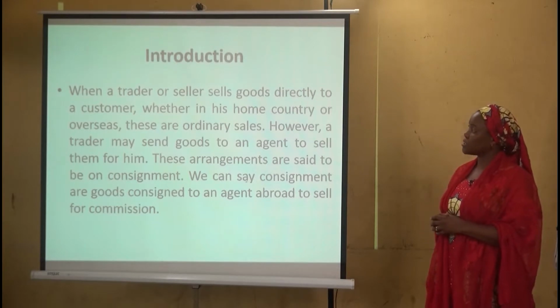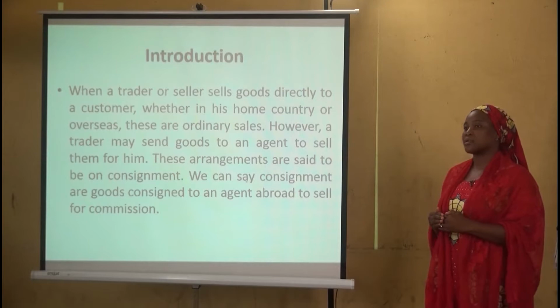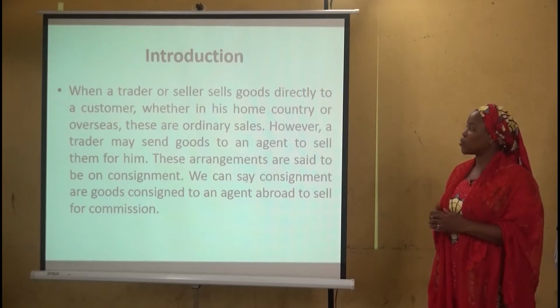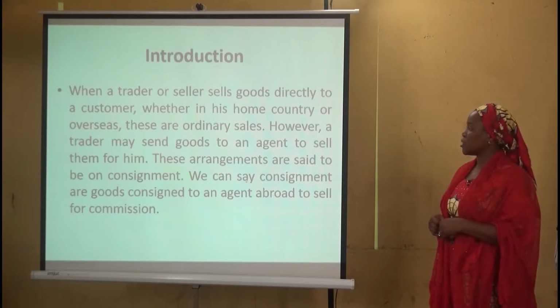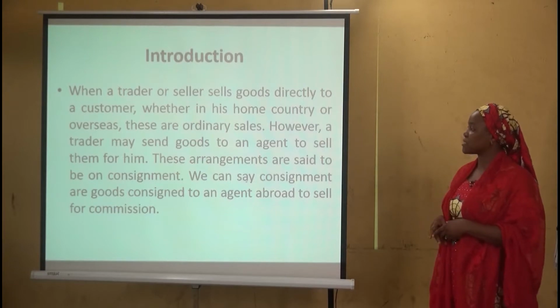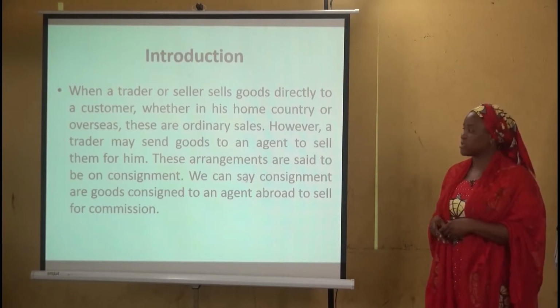Introducing my topic: when there's a direct sale between a trader and a customer, we say they are ordinary sales. But when an agent is involved, selling on behalf of the owner of the goods or a trader, we call this kind of arrangement consignment.